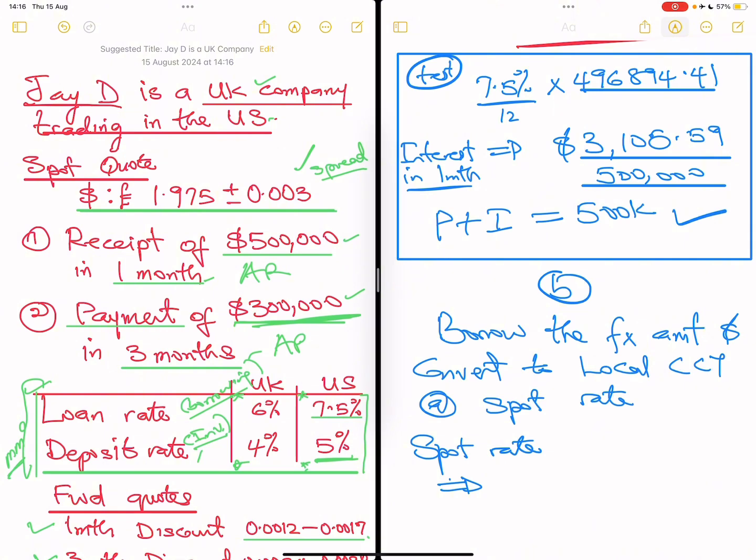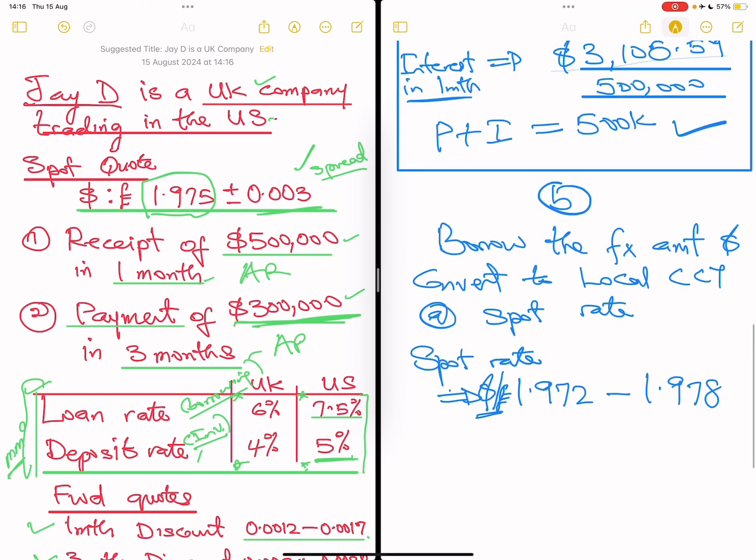So 1.975 minus 0.003, our buying rate is 1.972. Our selling rate will be 1.978. This is $/pounds, so the dollar is the first currency and pounds is the second currency.